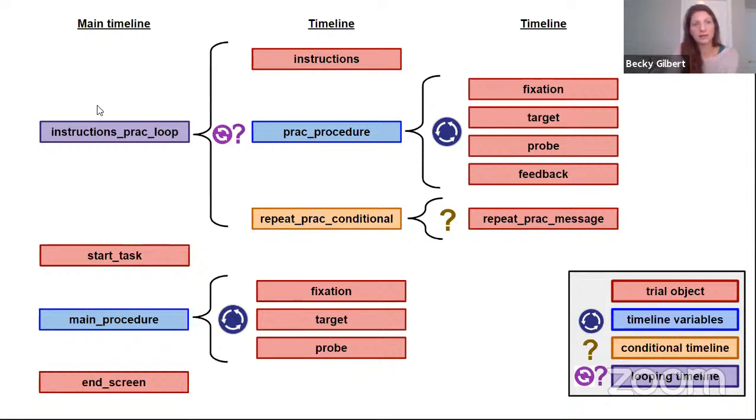The difference is that jsPsych hits this loop node, and it runs through our nested timeline here, which is instructions, practice, and conditional. And then the way the loop functions work is they wait until the timeline has gone through once and then say, should I do it again or not? So that's why we wanted to take all of these things off the main timeline, because otherwise we would do all three things, then we'd get to our loop and they would all do it all again, which is not what we want to happen.